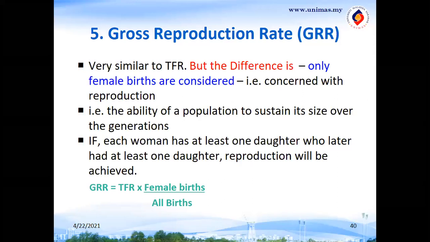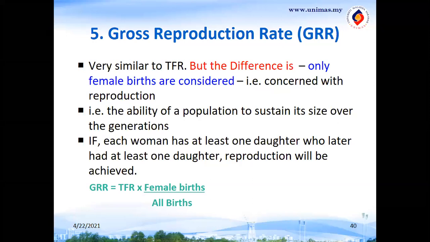So dari segi formulanya, the gross reproduction rate adalah sama dengan di total fertility rate tadi didarabkan dengan the number of female childbirth ataupun female birth, bilangan anak perempuan yang dilahirkan, dan dibagikan dengan the total number of birth.